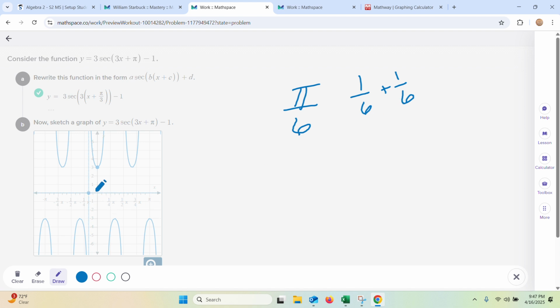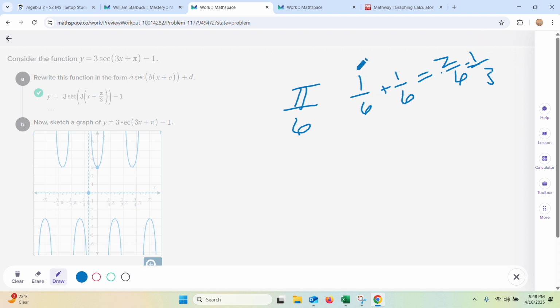Every 2 tick marks is a sixth, right? So a sixth and a sixth is 2/6, which is 1/3. Does that make sense? 2 tick marks is a sixth, and I want to get to a third.